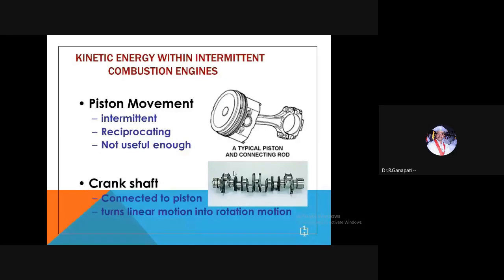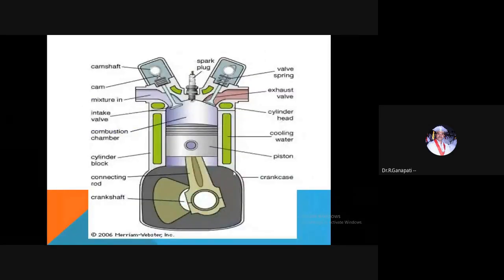This is the construction model of the engine cylinder. Observe here the passage in green color, that is the coolant passage. The cooling water flows through these passages, and this is the inlet manifold and the exhaust manifold with the inlet and exhaust valves.